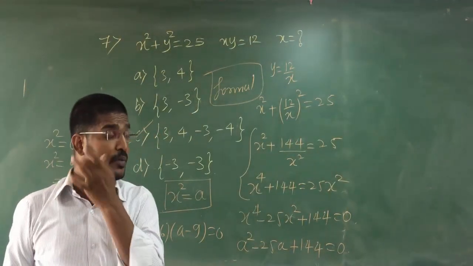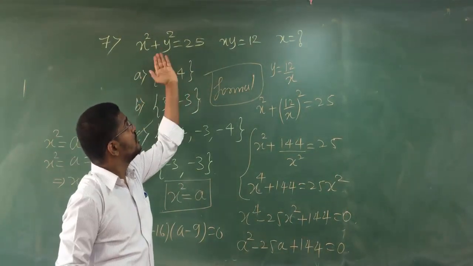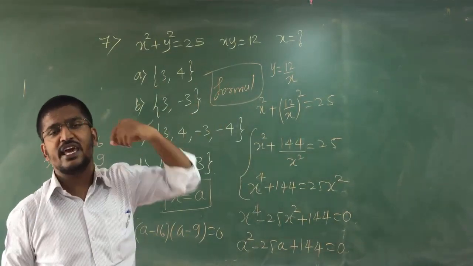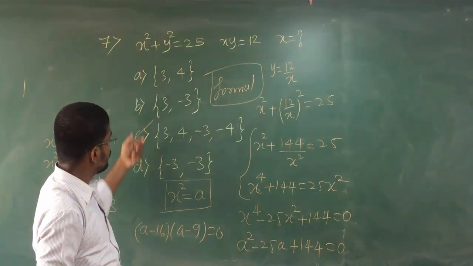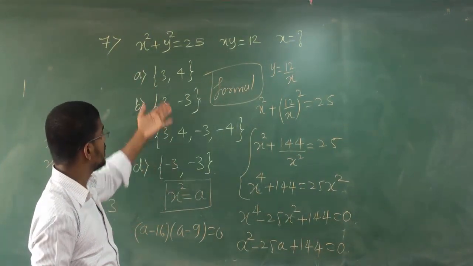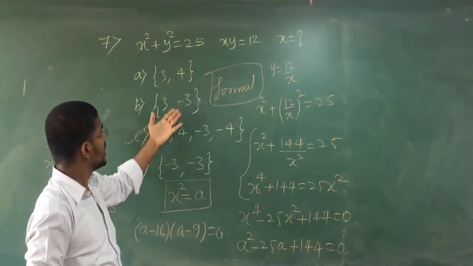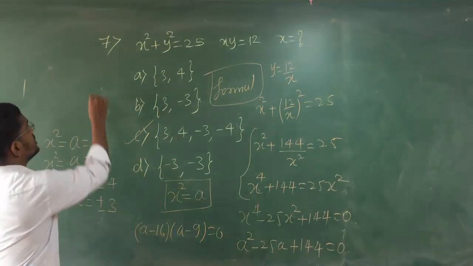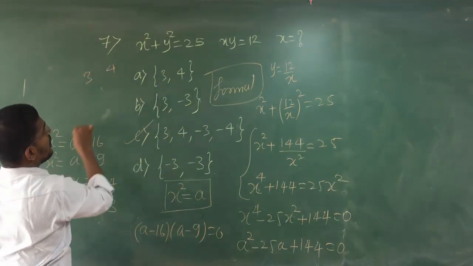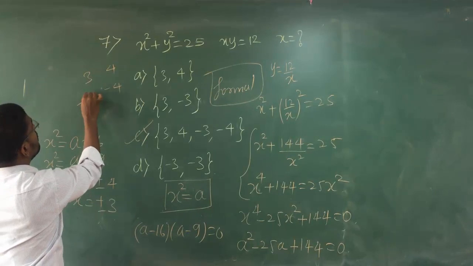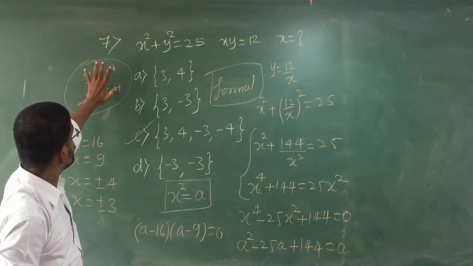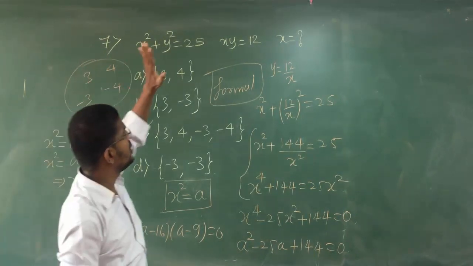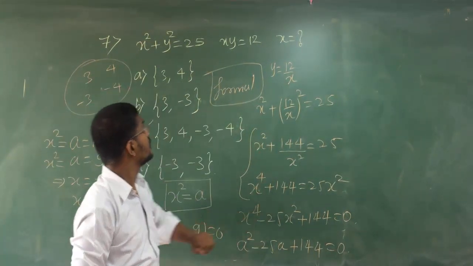Now let us look. This is given by the examiner. There are 2 equations. These are the 4 options in which they have given 3, 4, minus 3. That means you have 3 choices. 3, 4, minus 4, minus 3. You have 4 choices. Clear? So you use all these 4 in this particular equation.